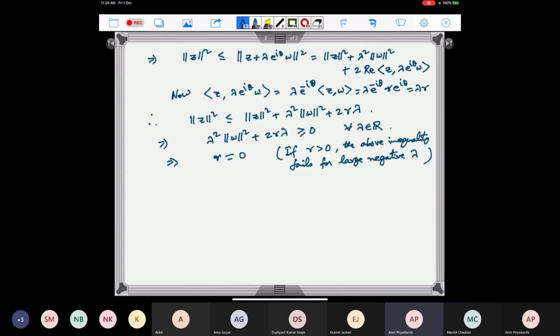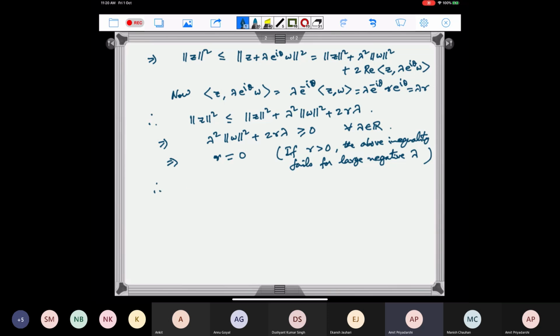You can explicitly take lambda such that this fails, because otherwise, if r is positive, this says that lambda is greater than or equal to minus lambda squared norm w squared by 2r. That means that lambda is bounded from below. But we know that this is true for every lambda in R. So therefore, R has to be equal to 0. And thus we are done.